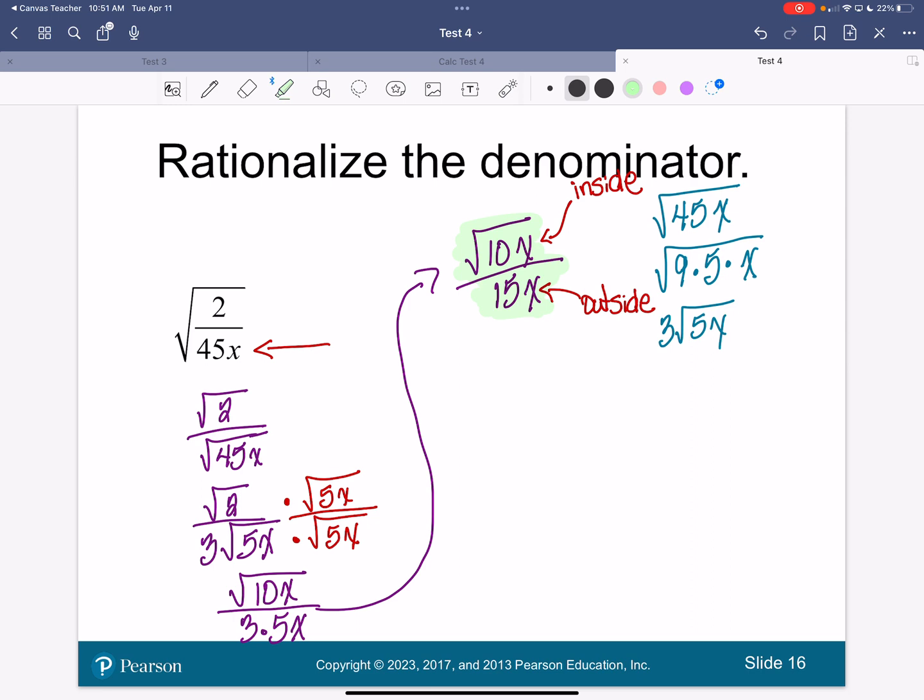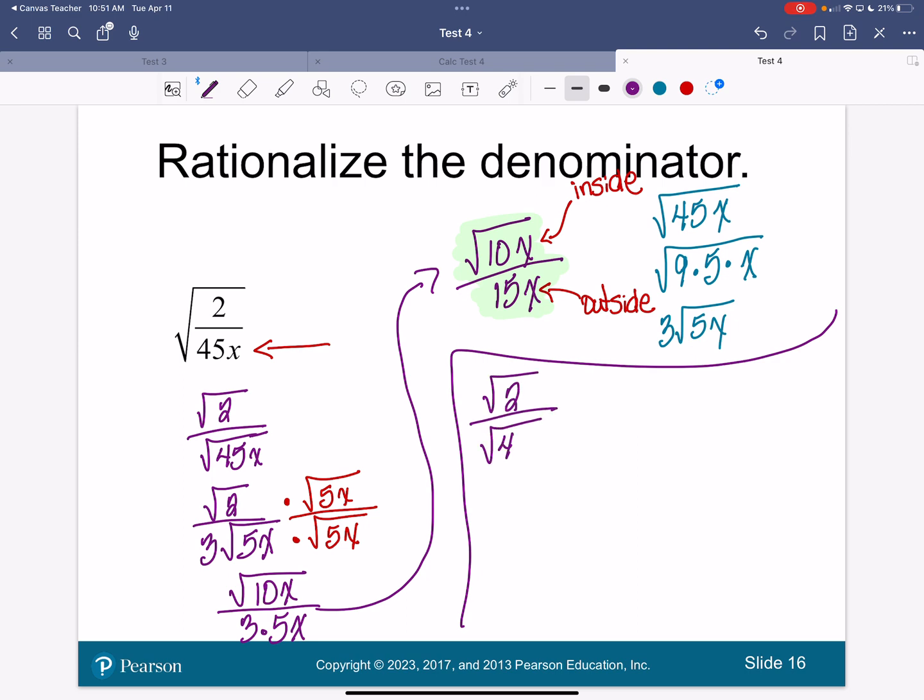Now, I want us to look at this one again in a little bit different way. Let's say you decided to rewrite this as a square root of 2 over the square root of 45x, and you decided to rationalize the denominator before you decided to simplify it.